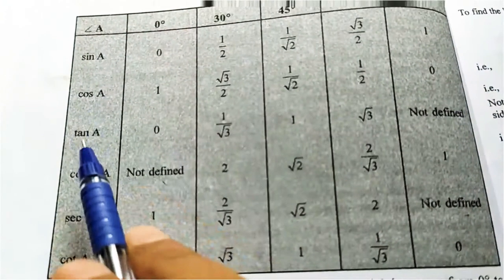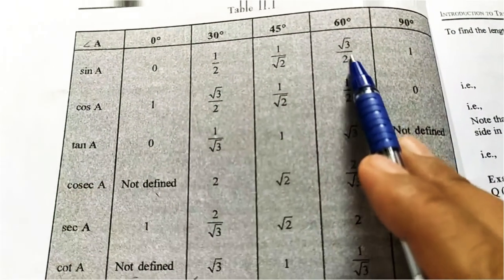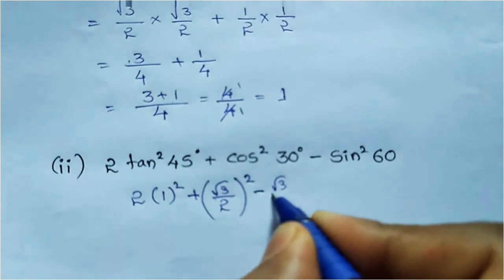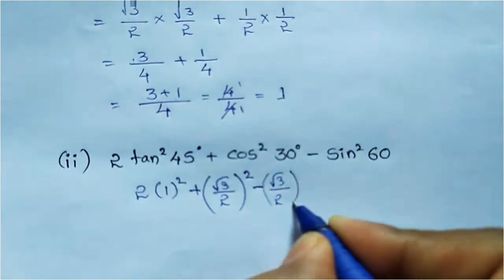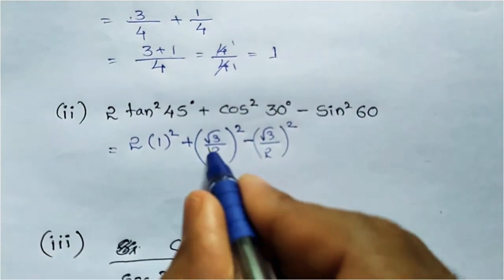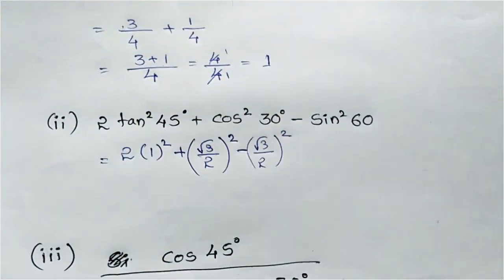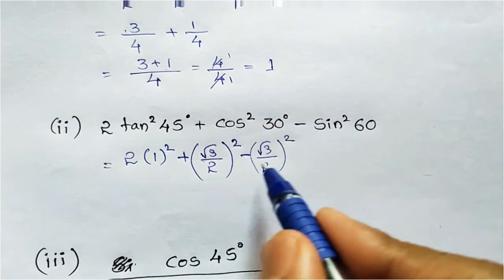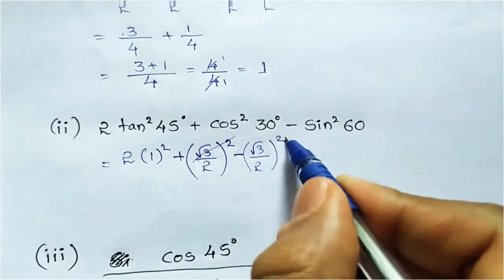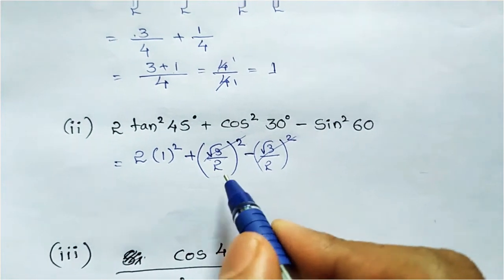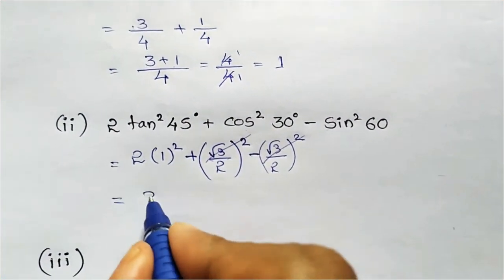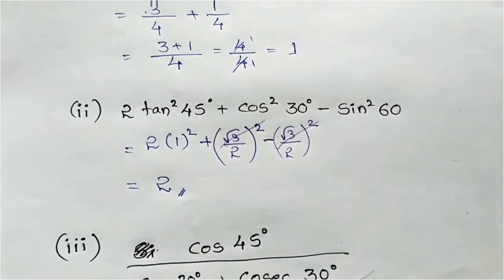Okay, sin 60 is root 3 by 2 whole square. See here, plus is there, minus is there, and both numbers are the same, they are additive inverses, so you will get 0, they will get cancelled. What is left? 2 into 1 square is 1, 2 into 1 is 2, so our final answer is 2.